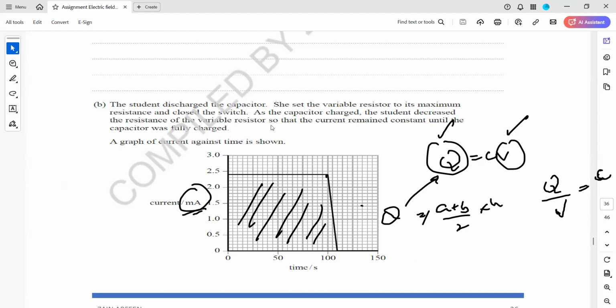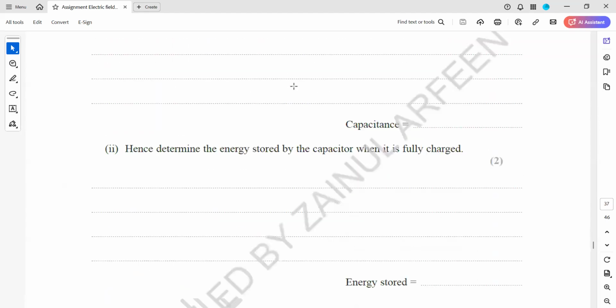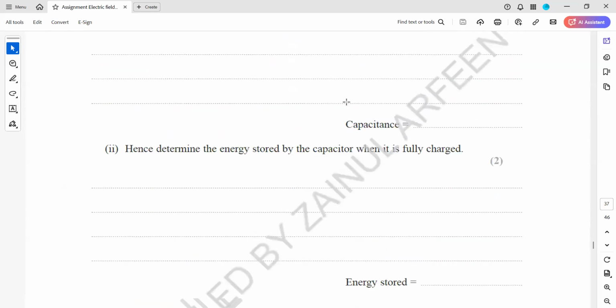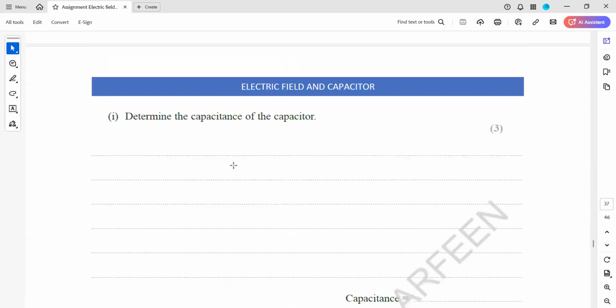This one, how we worked out the capacitance of this capacitor? The next we have: hence determine the energy stored. So how do we work out the energy stored? We have the capacitance and we have the total charge.